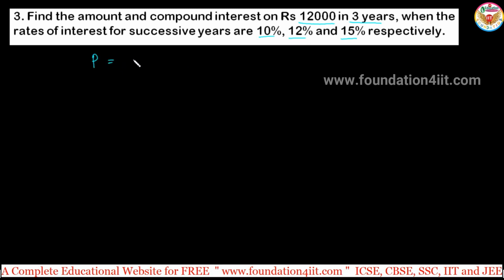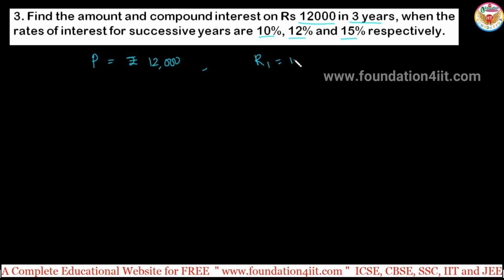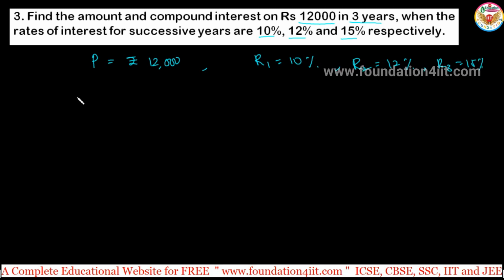So the P value is rupees 12,000 and 3 years total. But the rate of interest: R1 is 10%, R2 for the second year is 12%, and R3 is equal to 15%. Yes. So if you use the formula, then A is equal to P into (1 plus R1 by 100), for the first year.